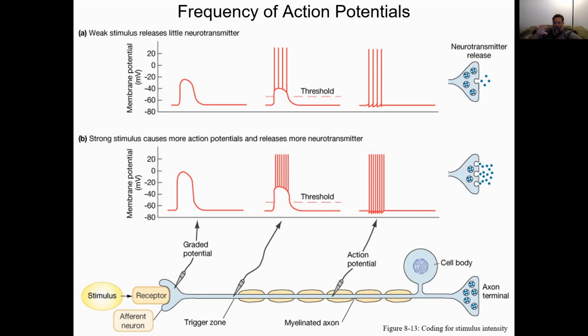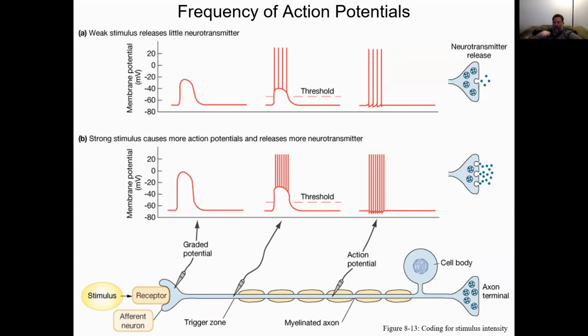We'll get into more about what a graded potential is. But this picture is illustrating the differences in the frequency of action potentials. When there are more action potentials, it results in an increase in neurotransmitters being released, either to another nerve or to a muscle or to whatever effector cell is there.